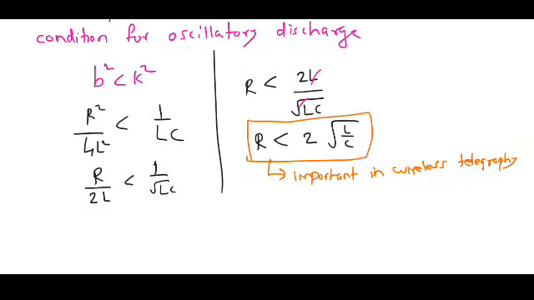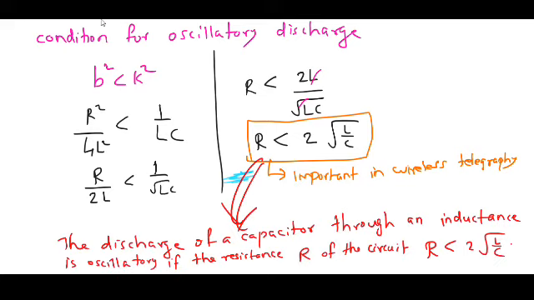Discharge of the capacitor through an inductance is oscillatory if the resistance R of the circuit is this quantity, that is, R less than 2 root L by C.